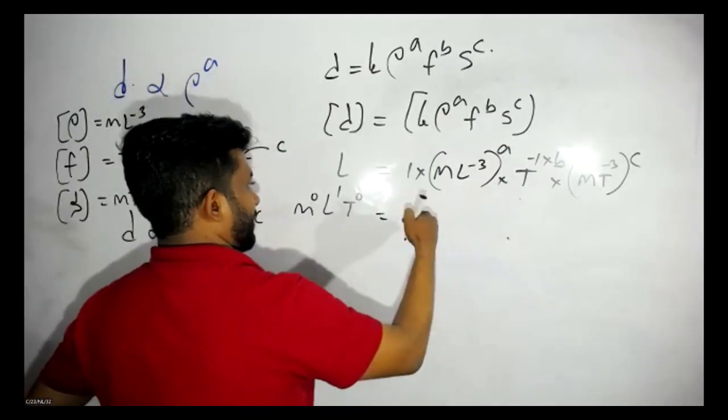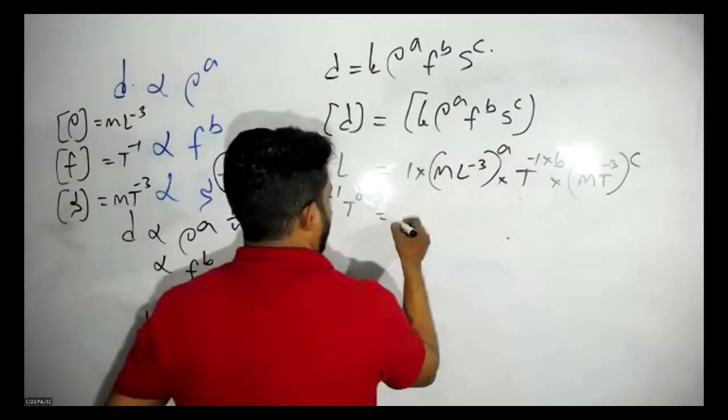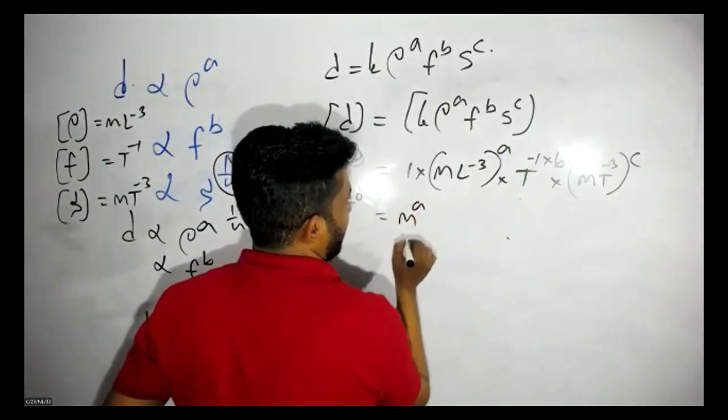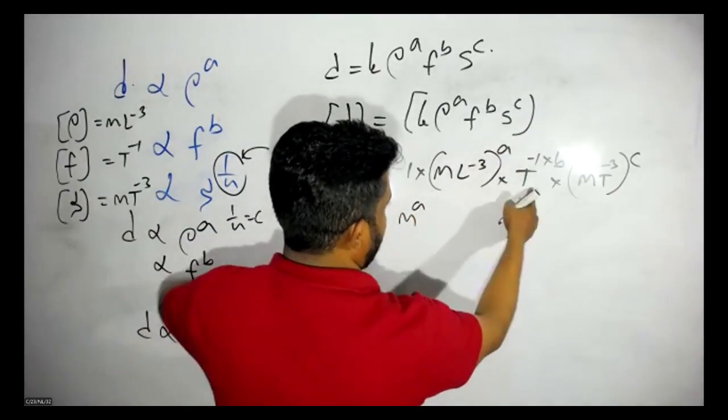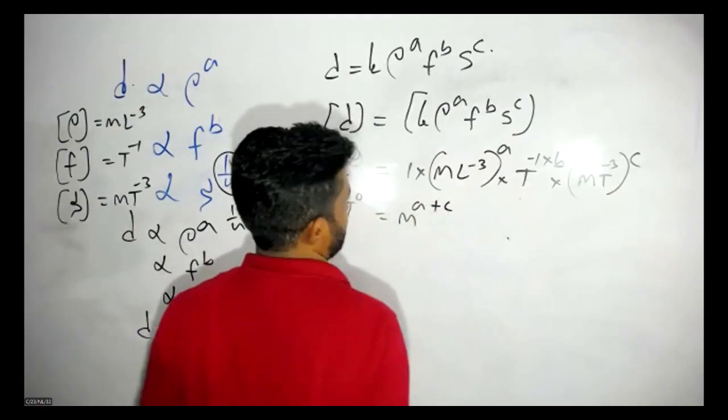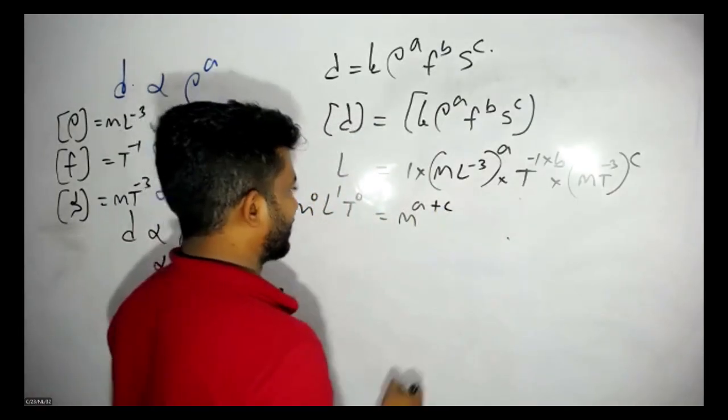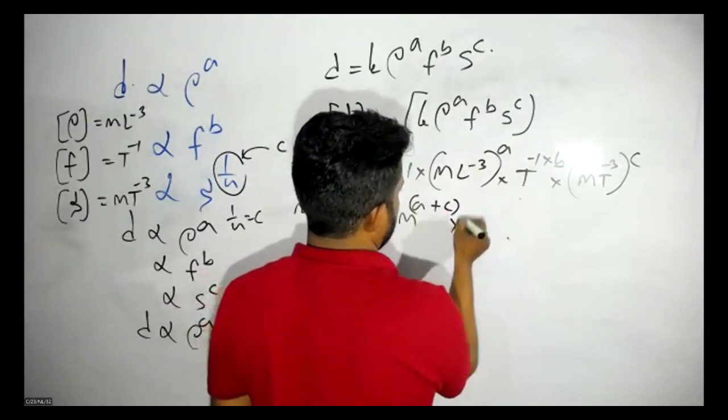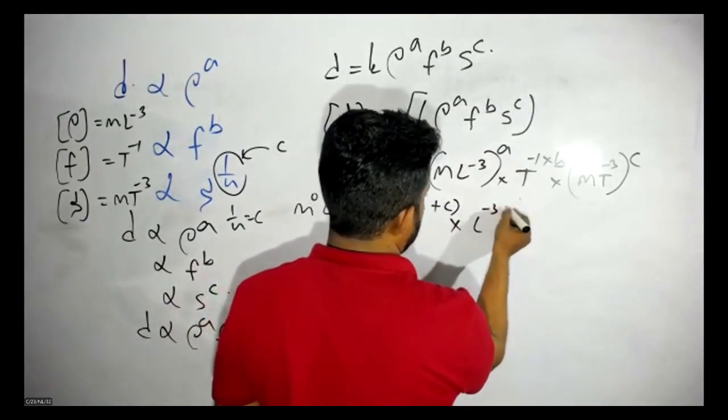Then you can write the dimensions of M at the right side. Here it is a plus c, right? Then you can consider the dimensions of L at the right side, minus 3a.